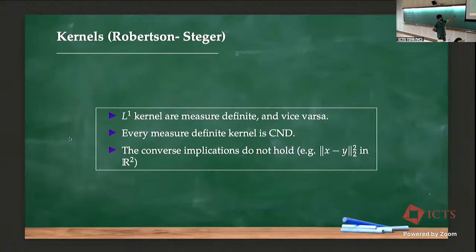But it cannot actually be measure definite or L1, because if it's measure definite, then it has to be a pseudometric. It has to satisfy the triangle inequality in particular, because it's an L1 norm difference, and L1 norms satisfy the triangle inequality, but the L2 norm squared doesn't. Okay? So this is a very simple but very useful observation.